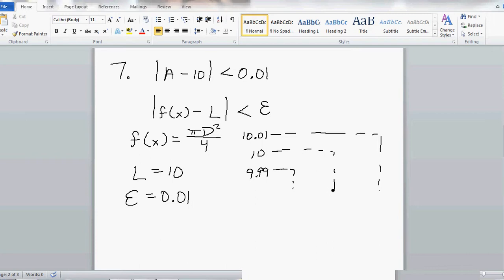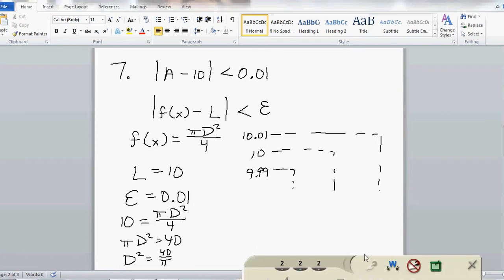But absolute perfect would mean it equals 10. So we could easily calculate 10 has to equal pi d squared over 4. We'll multiply both sides by 4. Pi d squared equals 40. Divide both sides by pi. d squared equals 40 over pi. And then take the square root of both sides.